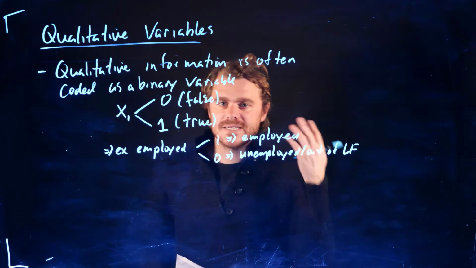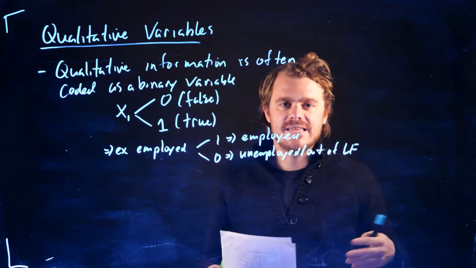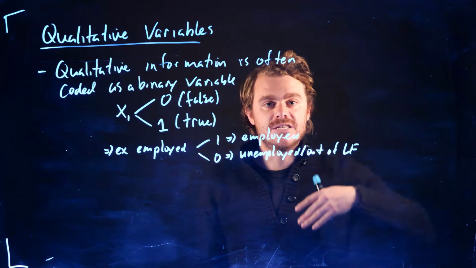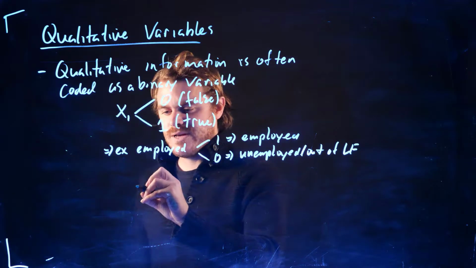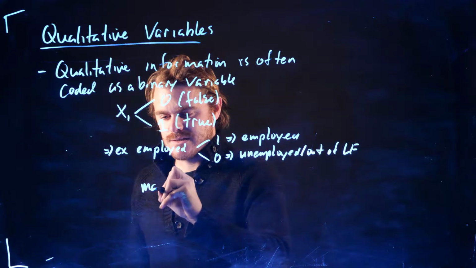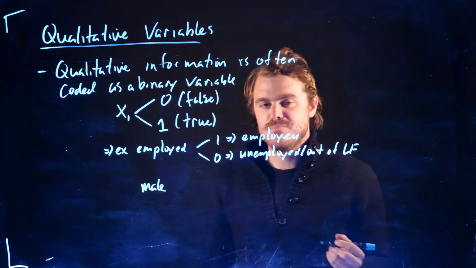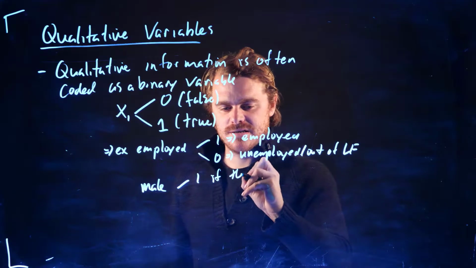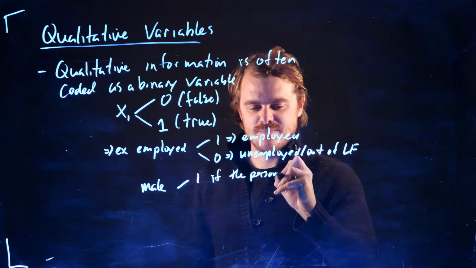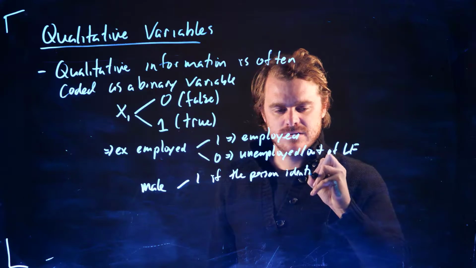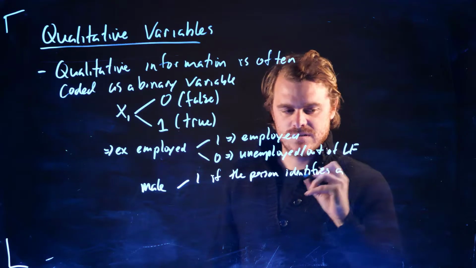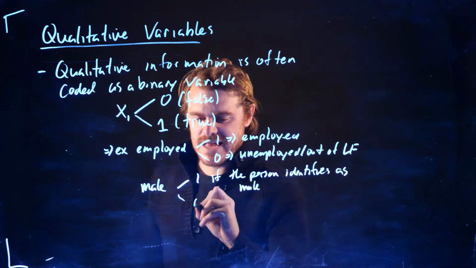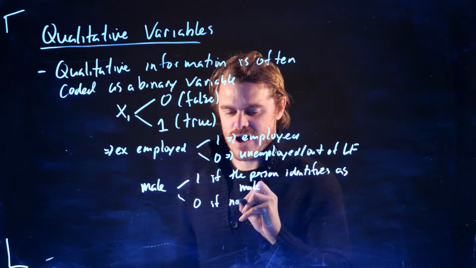Okay, so a lot of times we're going to see these kinds of variables in economics. So let's say we're interested in discrimination, or maybe we categorize a variable as male, and that's going to equal 1 if the person identifies as male, or if they're identified in the data set as male, and 0 if not.